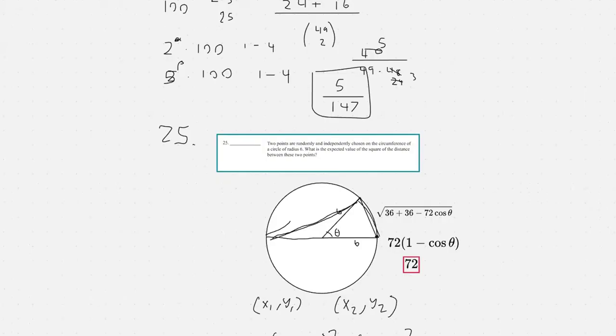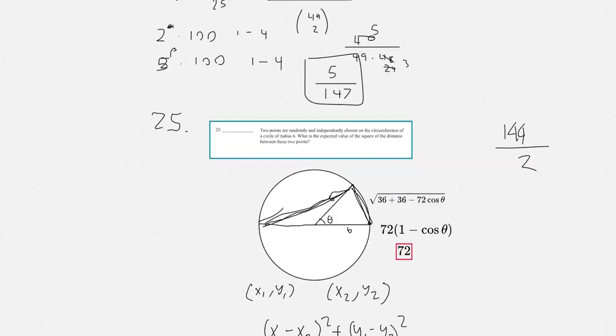So with this pairing, you just get the average as 144 over 2, because you have these two chords that you can pair up, and they average out to 72. Okay, this is also a valid solution that utilizes symmetry. So are there any questions on any of the three methods?